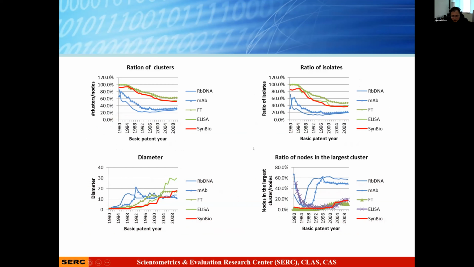So now we add a very new technology, synthetic biology. This is a very new field, from the past 10 to 15 years. We wonder whether synthetic biology could become an impelling technology in the field, or is still a non-impelling technology.